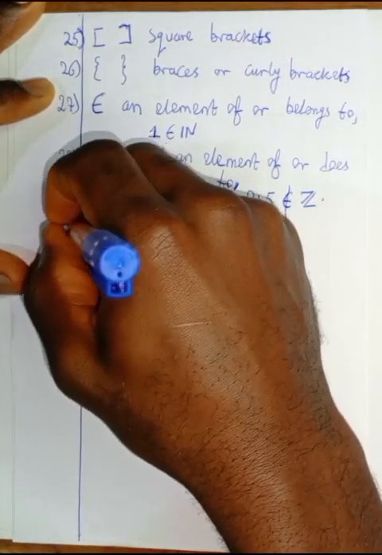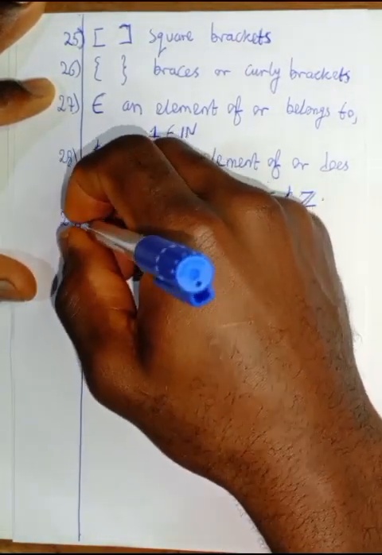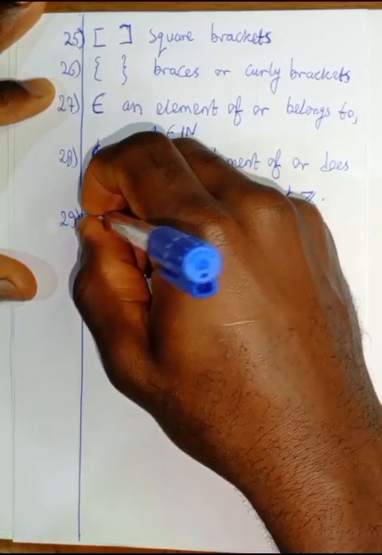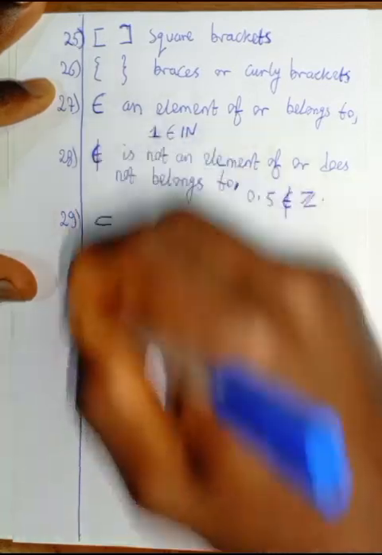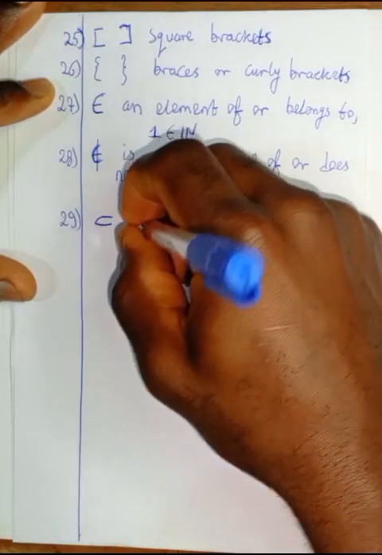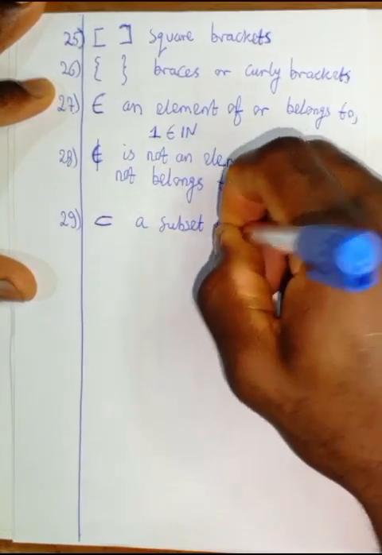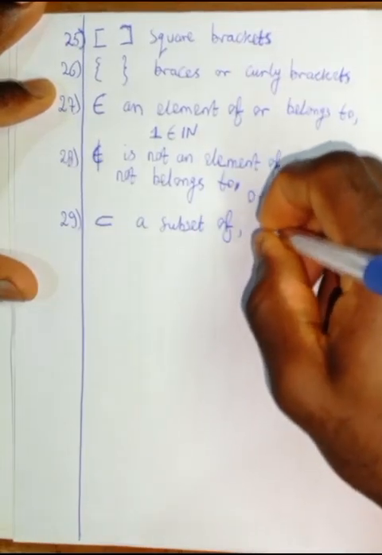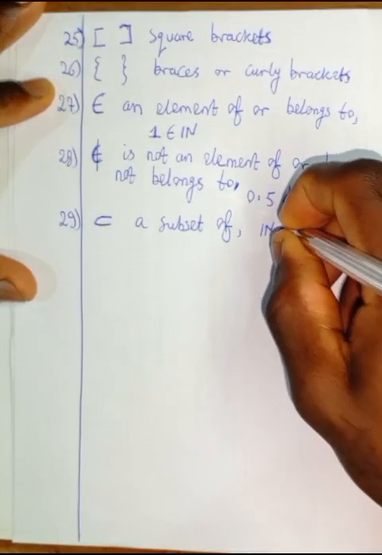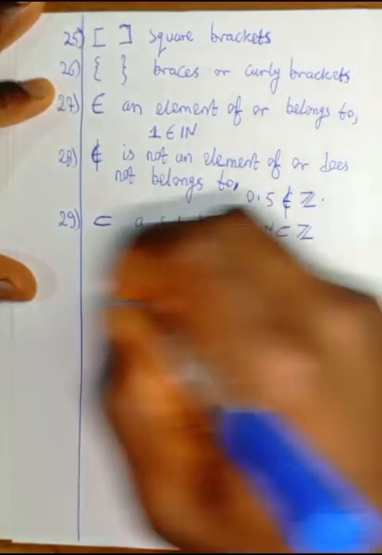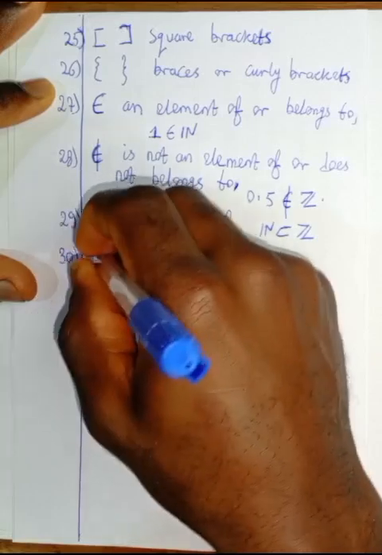We go to 29. We have this symbol which looks like a C, very sharp. It stands for a subset of. For example, the set of natural numbers is a subset of the set of integers. We go to 30.